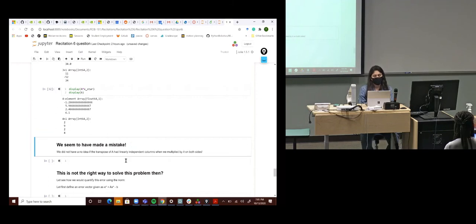So we might think, well, I guess we made a mistake in solving our system of equations. How did that happen? Well, this is optional reading, and you don't need to know this.